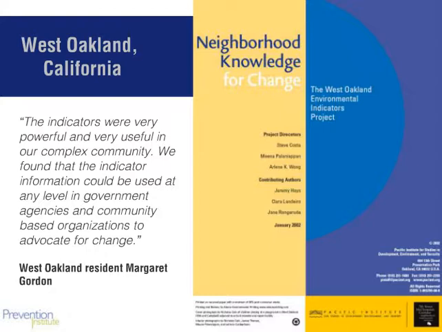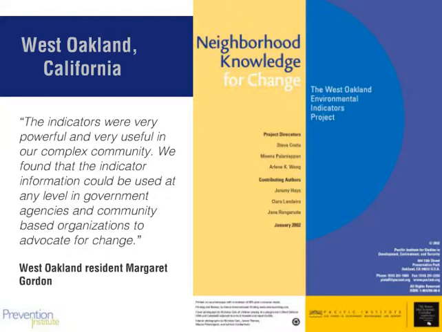In West Oakland, California, residents and community groups work together to research and identify 17 indicators to help them monitor environmental, health, and social conditions in their neighborhood. The West Oakland Environmental Indicators Project provided residents with data to propel their health and environmental justice efforts forward. Concerned about high rates of cancer, asthma, and lead poisoning, residents linked health indicators to pollution levels.